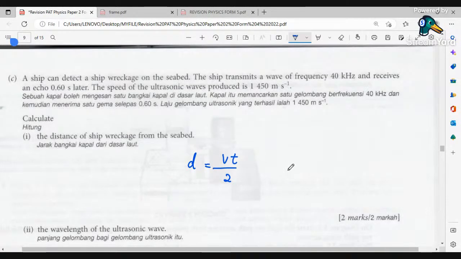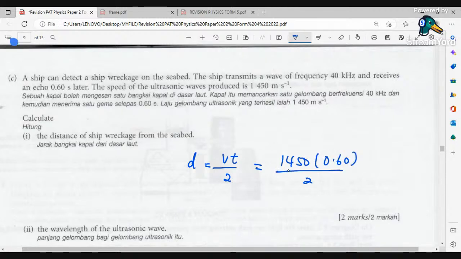So time taken kena divide 2. 1450 times 0.60 divided by 2. So we get the answer equals to 435 meters. Unit ini check tu, unit.